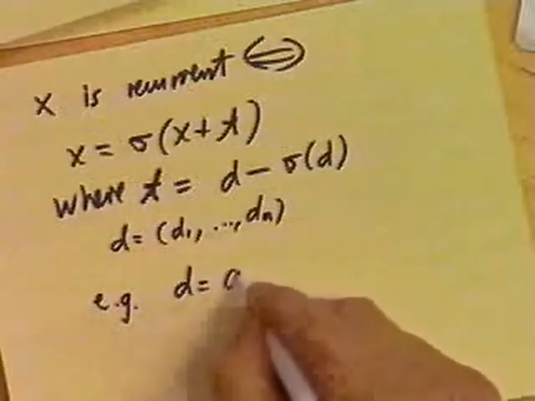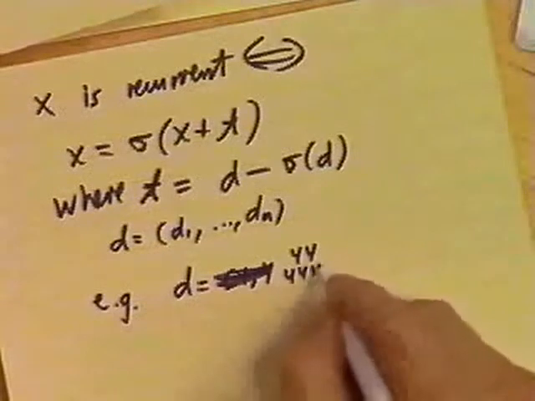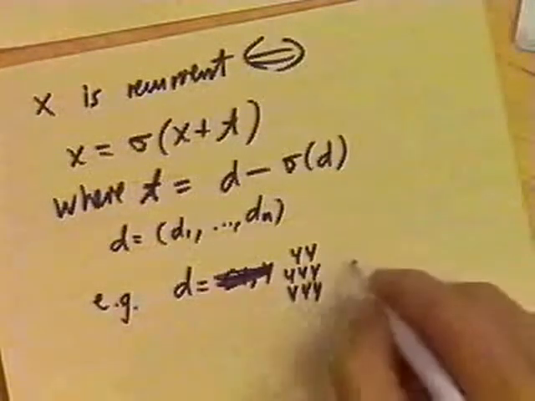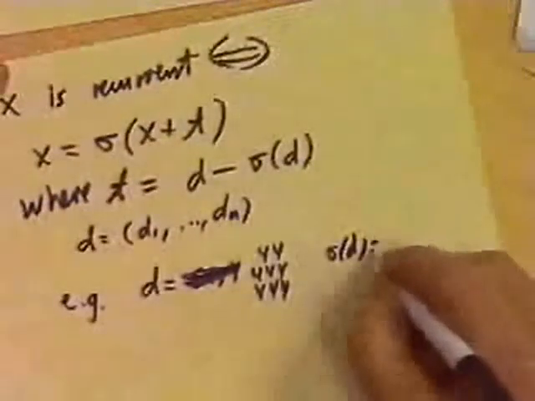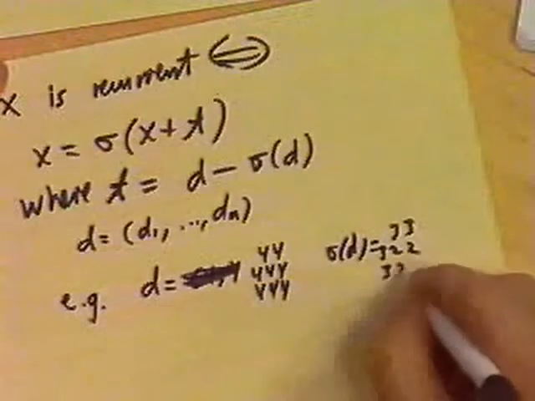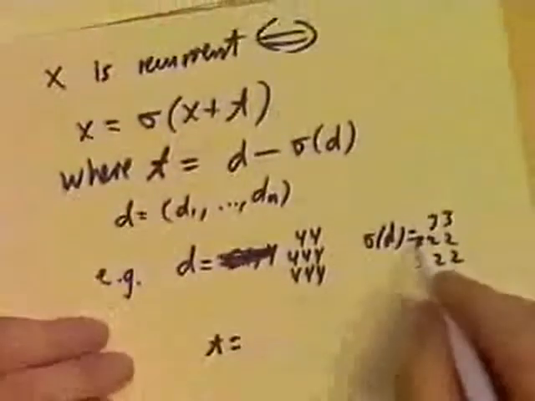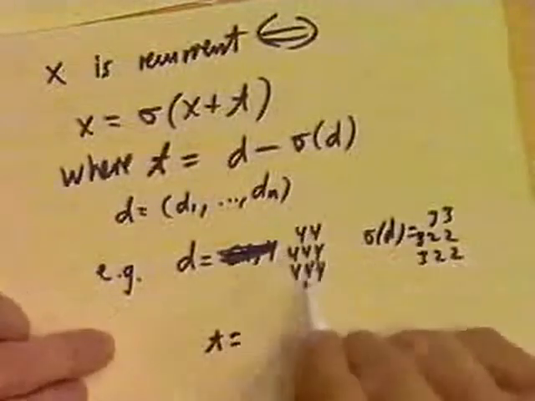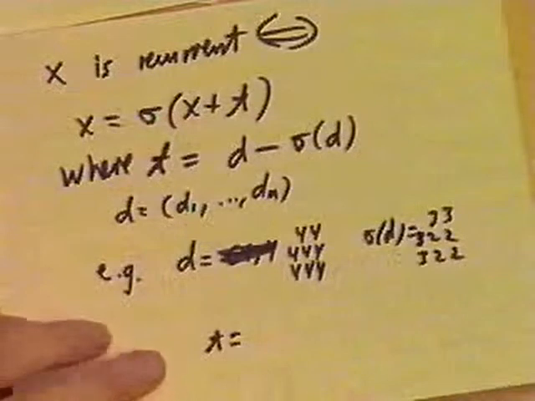For example, D is equal to 4, 4, 4, 4, 4, 4, 4, 4, 4, and sigma of D, the final state that came out of it, was 3, 3, 3, 2, 2, 3, 2, 2, and so T is the difference between these. Notice that sigma of D is always less than D, but every component of T is strictly positive.